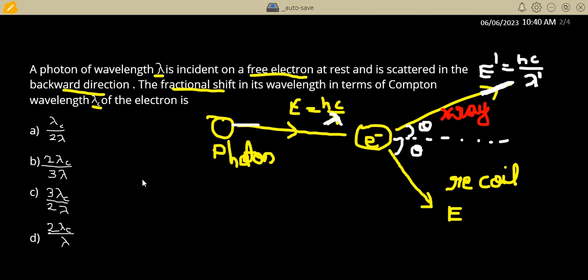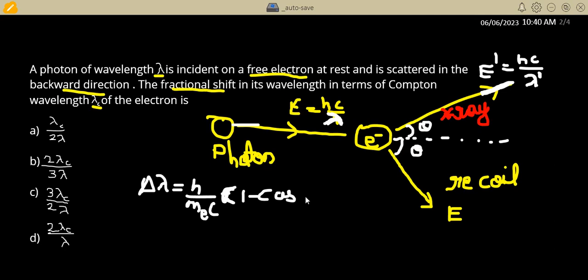First it is incident with the wavelength lambda and it is converted into lambda dash. This change in wavelength is equal to h by m, the mass of the electron, into c, the velocity of light, into 1 minus cos theta.